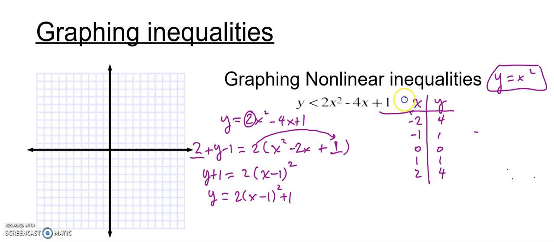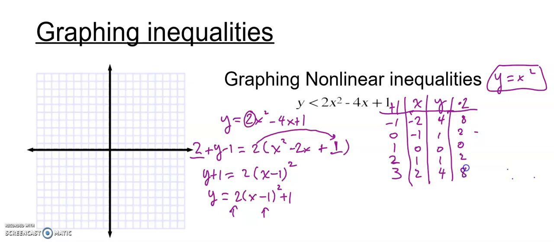Now, what are the transformations? I've got adding 1 to all the x's from the h value. So if I add 1, I get -1, 0, 1, 2, and 3. And then my y values, I've got 2 transformations. I've got to first multiply all the y values by 2 for my a. So I get 8, 2, 0, 2, and 8.